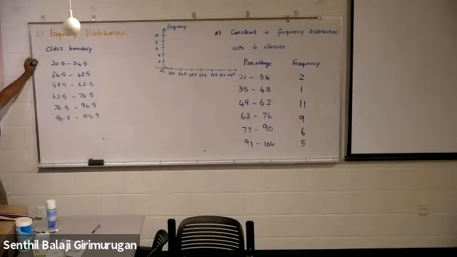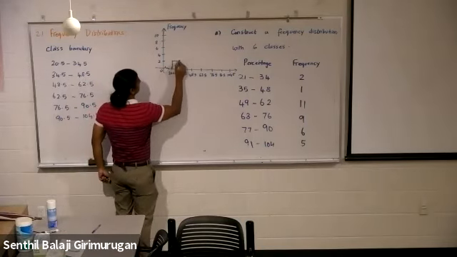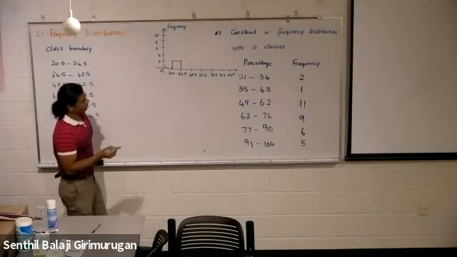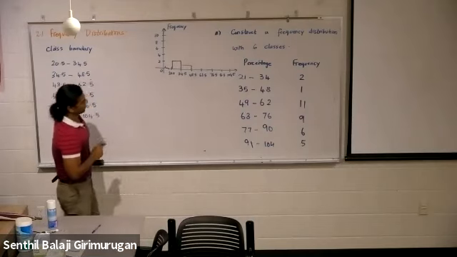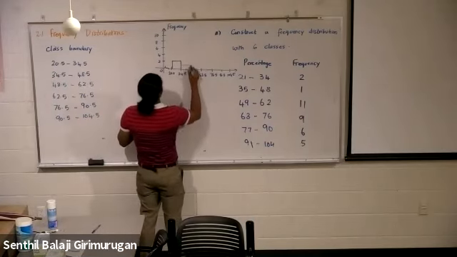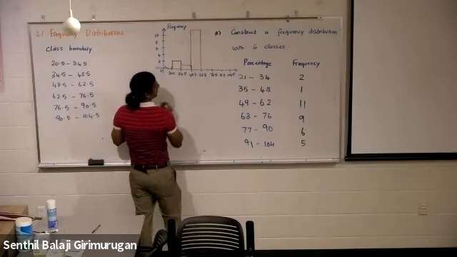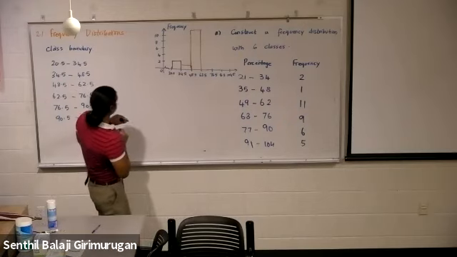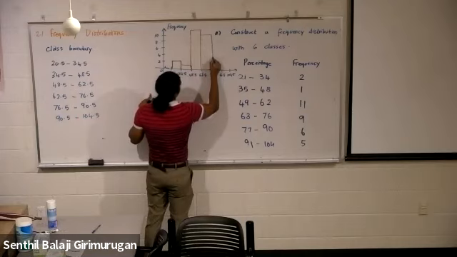So for the first class boundary, the frequency is 2. The next one, it's about 1. The one after, it's 11. Then it is 9. Wait, I'm confused.